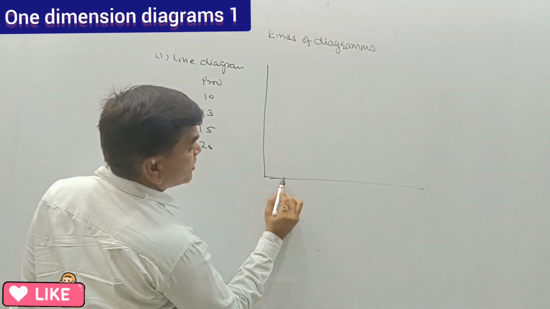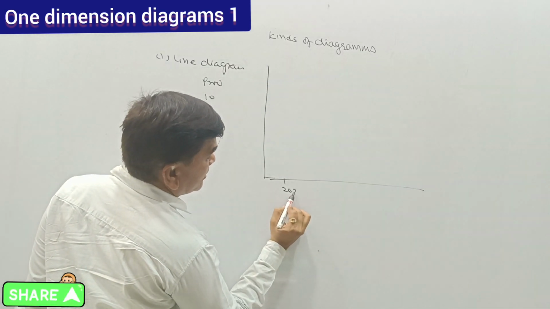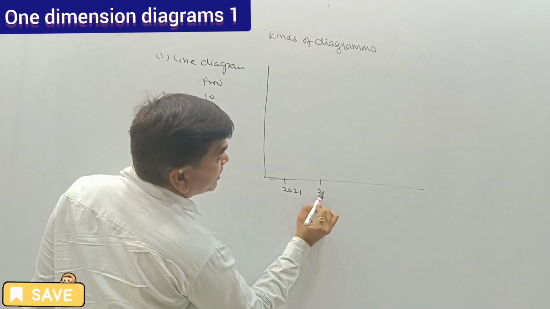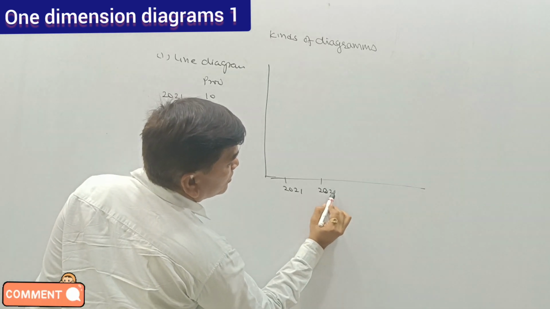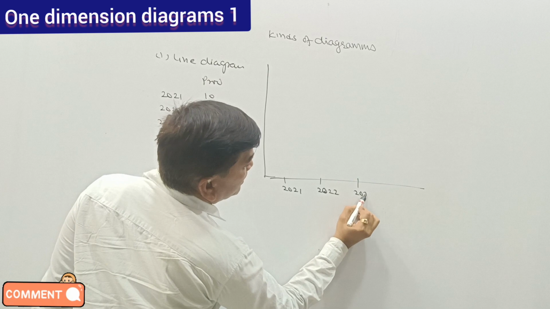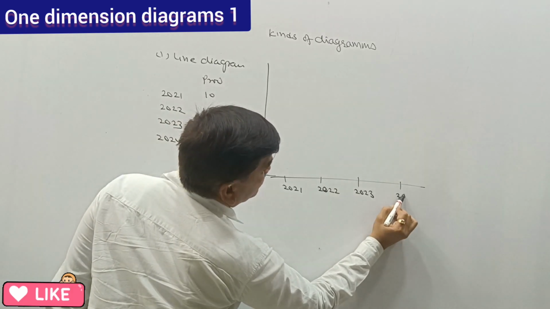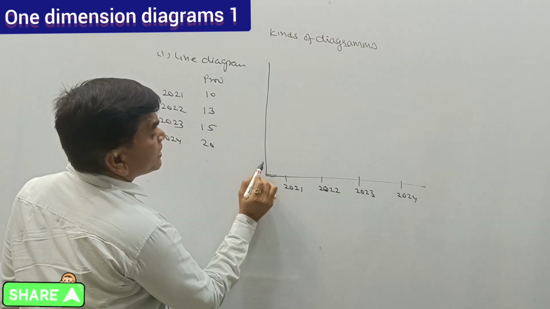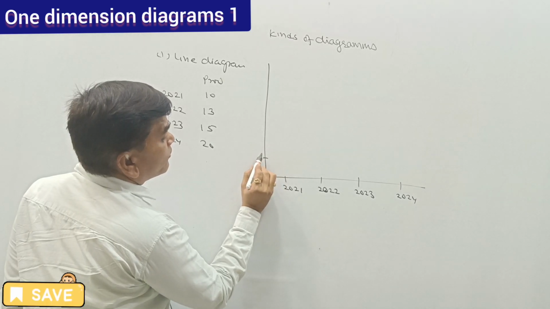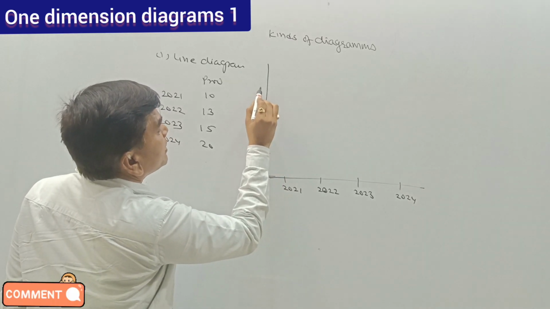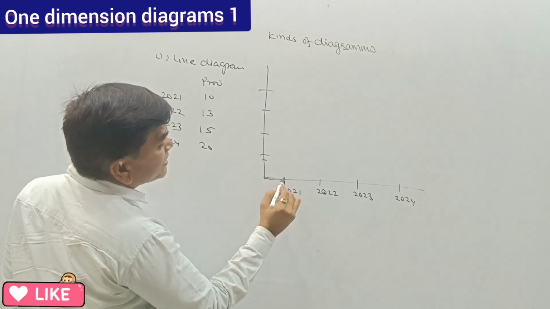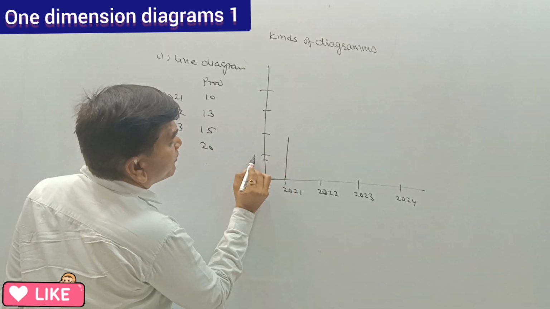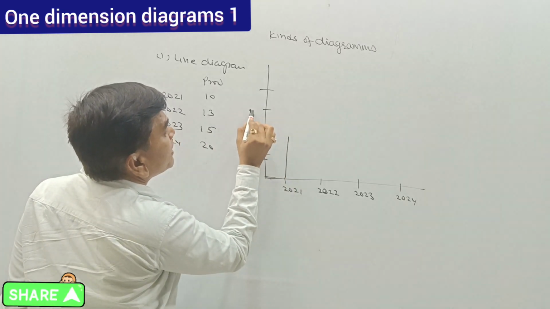Suppose these are 2021, 2022, 2023 and lastly 2024. Here the scale is 5, 10, 15, 20. The first is 10, so the line goes up to 10.